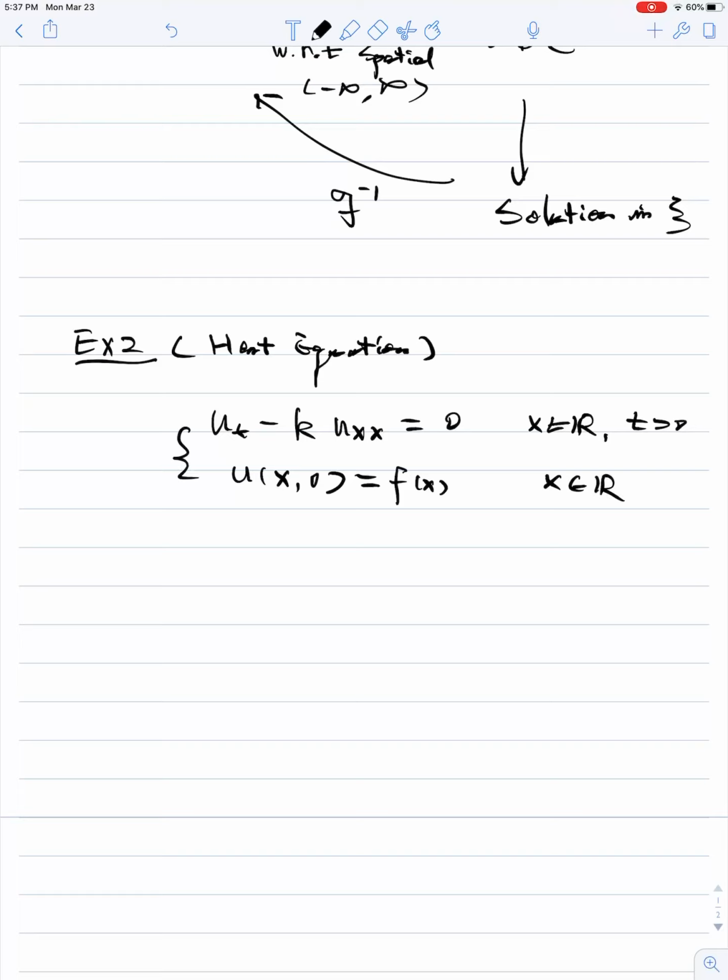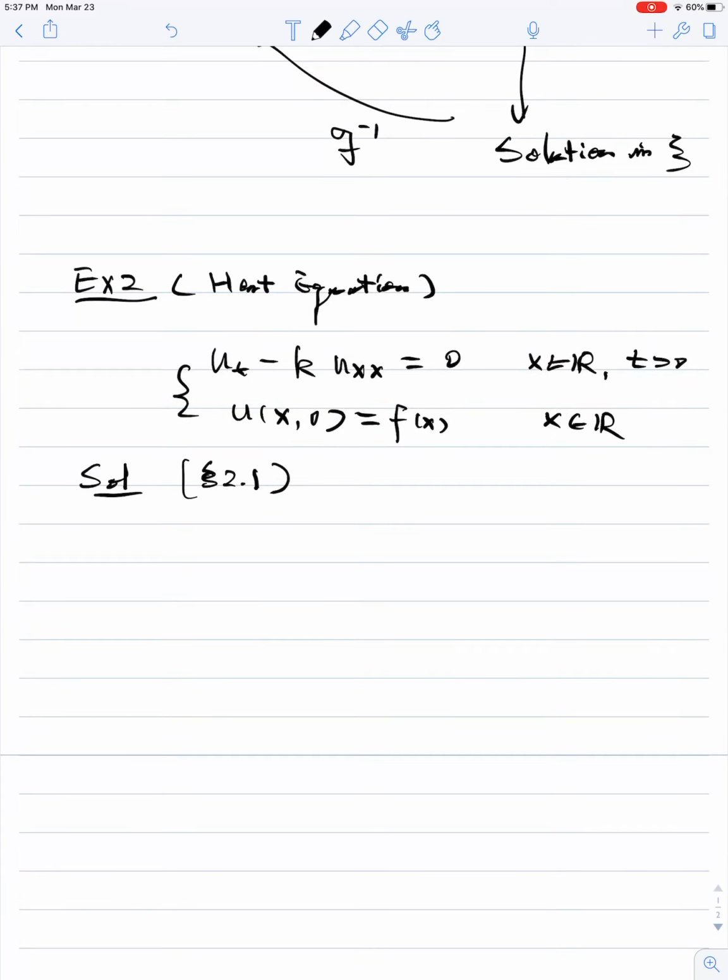We actually know the solution; if you go back to section 2.1, we already know how to solve this. But here we are going to use the method of the Fourier transform to solve it.